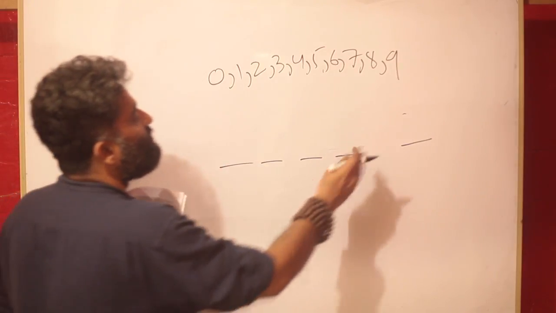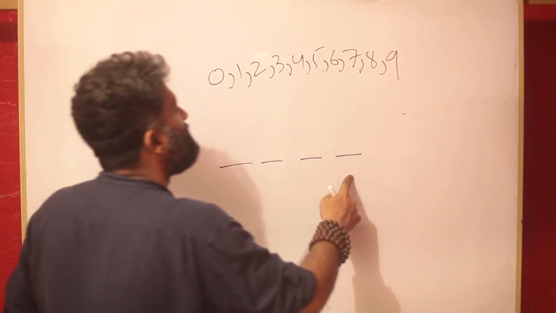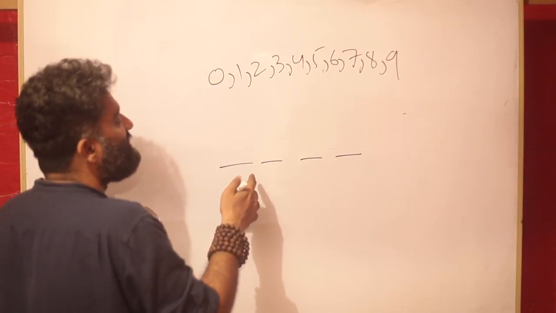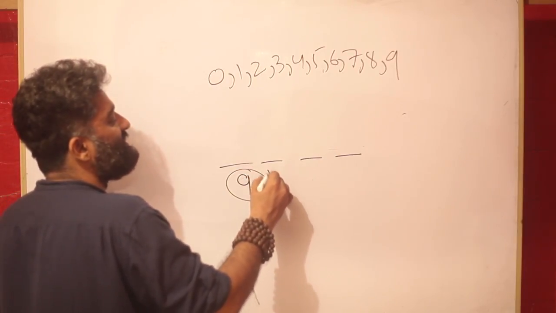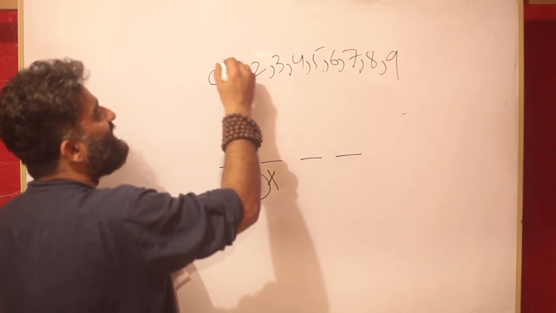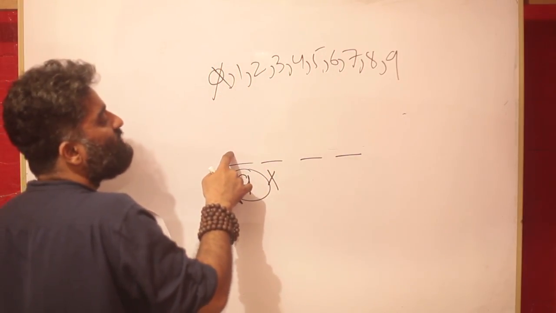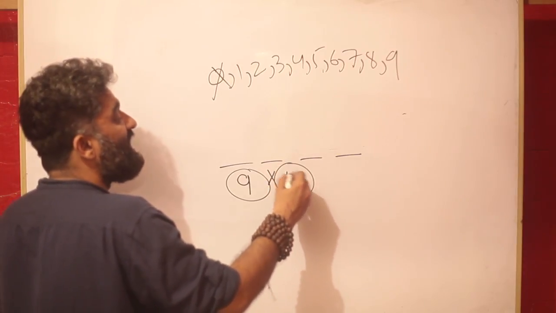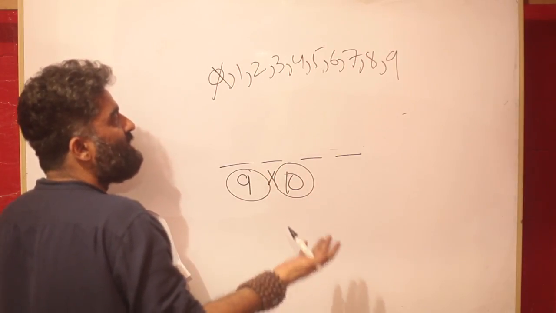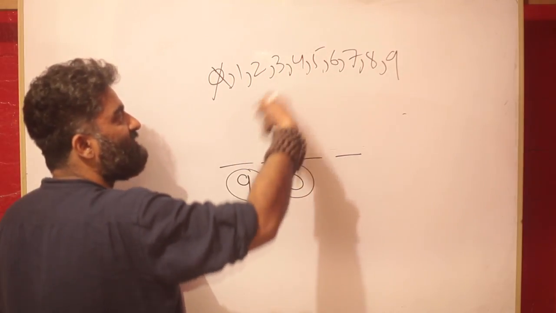So let me find out the total possible numbers for a 4-digit number, and for the first number how many possibilities will I have? I will have 9 possibilities. Why? Because out of 10 I cannot use a 0. If I use a 0, this will become a 3-digit number. For the second number, I have 10 possibilities, right? Because I can use whatever number I have used.